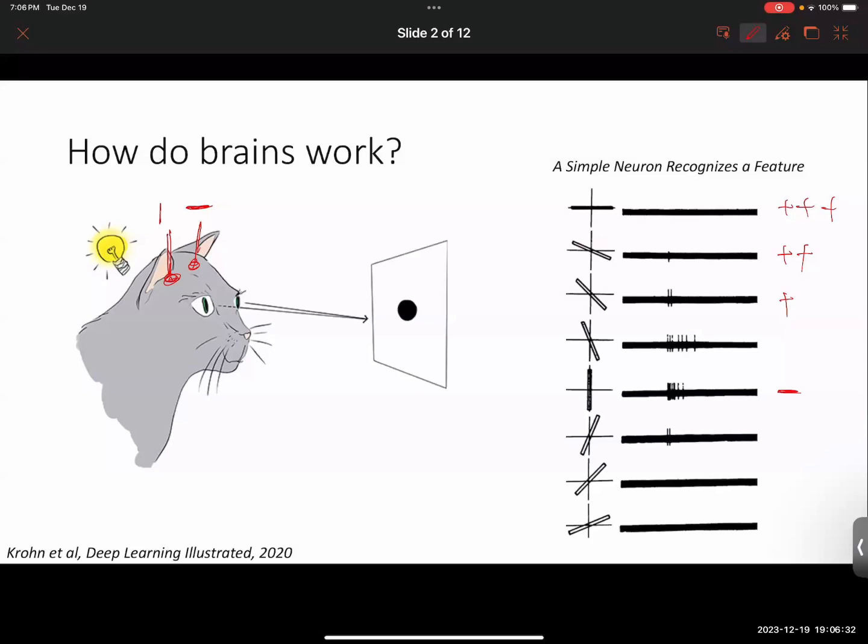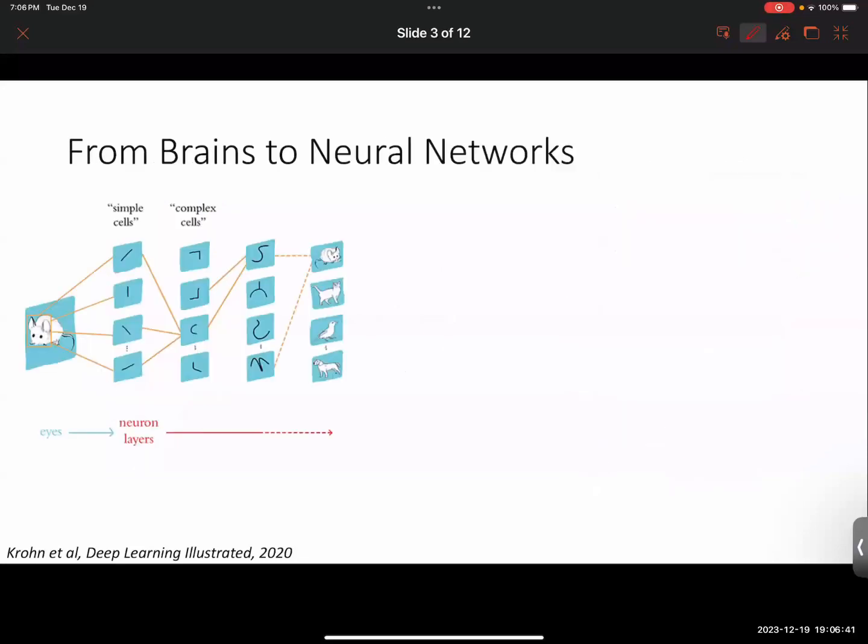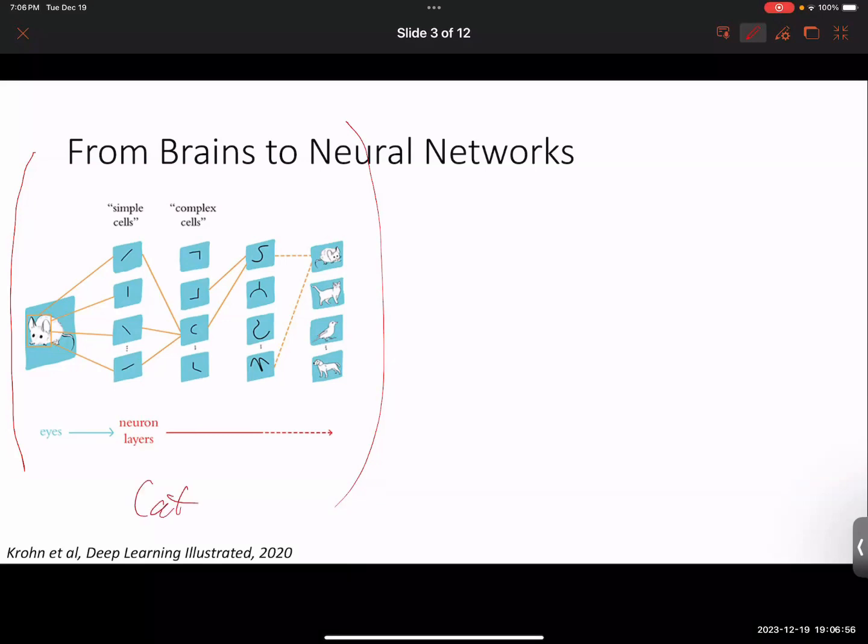And then we try to mimic how the animal brain works using a computer, and this is what we came up with. On the left, this is how we understand the animal brain works. Let's imagine this from a cat's perspective. The cat wants to catch the mice, and we have various layers of neurons, from simple to more complex.